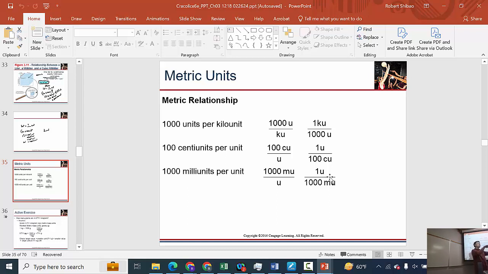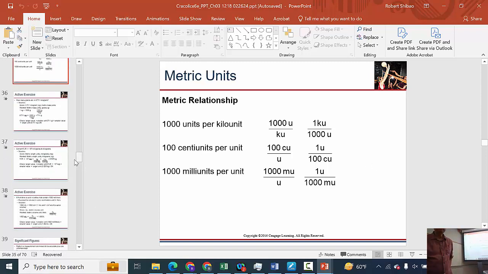The ambient temperature is offset by 32, so there's going to be a factor of 32 that you will have to add or subtract. And that means when we're looking at ambient temperature relating Fahrenheit and Celsius, you have to use the algebraic equation that we derived yesterday.